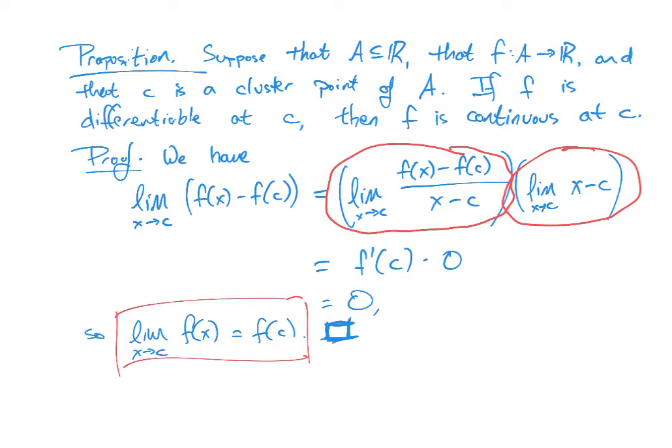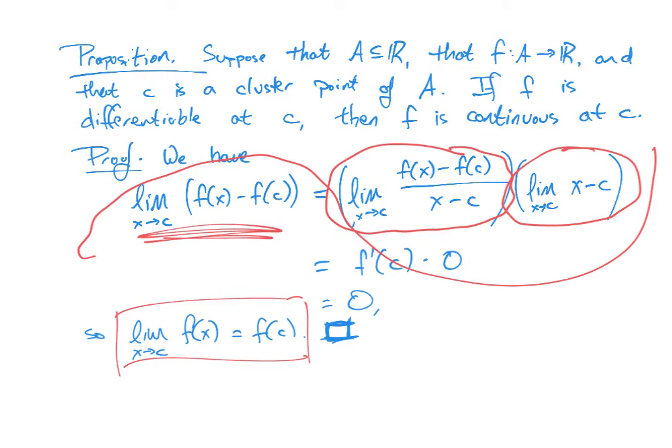Madeline, no, you're not dumb. It's actually a reasonable question that Madeline asked in the chat. She says, how do we know this limit on the left exists? I should have written these in the other order.